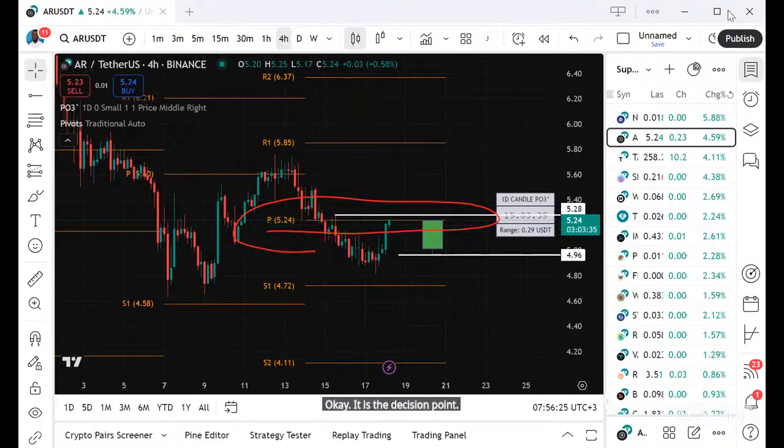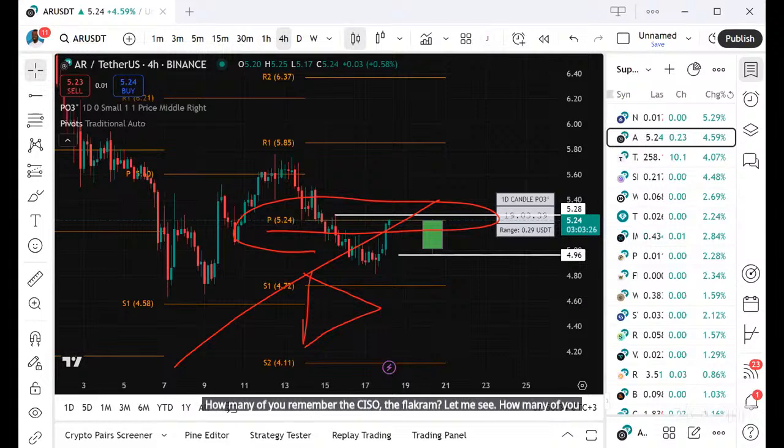How many of you remember the fulcrum? How many of you remember the seesaw, the fulcrum? Please, if you want to survive, don't type these crying emojis in the chat. The center point.